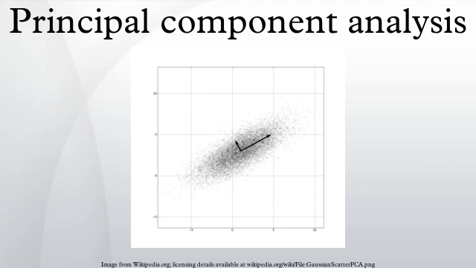The optimality of PCA is also preserved if the noise is iid and at least more Gaussian than the information-bearing signal. In general, even if the above signal model holds, PCA loses its information-theoretic optimality as soon as the noise becomes dependent.